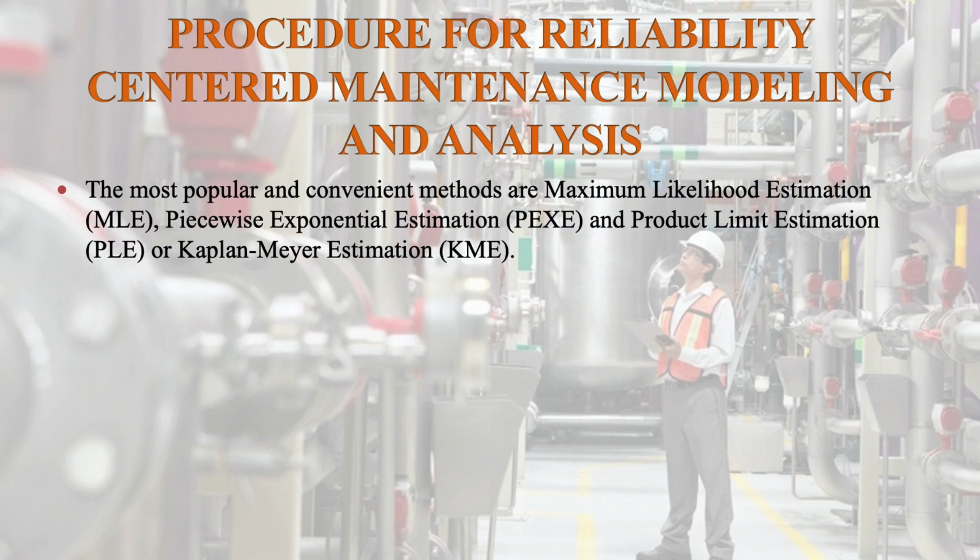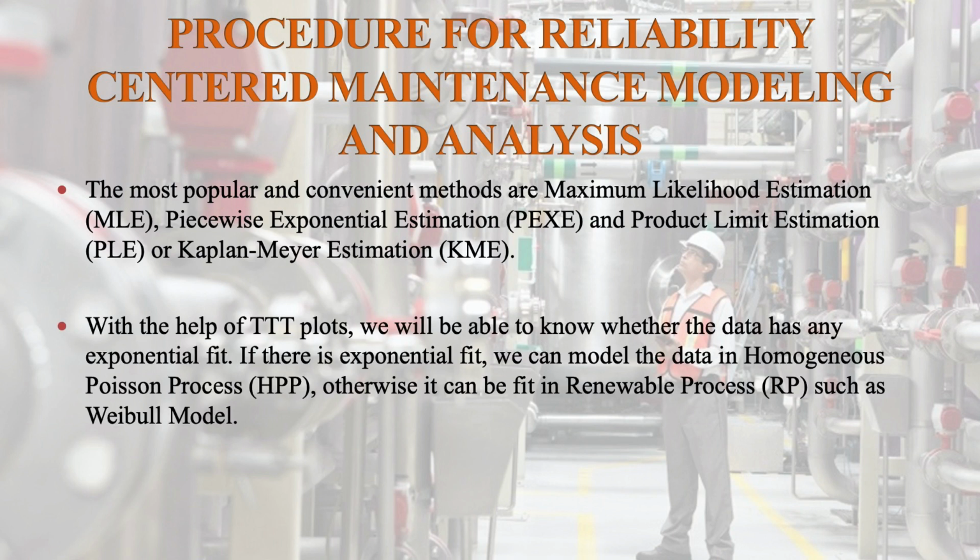The most popular and convenient methods are maximum likelihood estimation, piecewise exponential estimation, and product limit estimation or Kaplan-Meier estimation. With the help of TTT plots, we will be able to know whether the data has any exponential fit. If there is an exponential fit, we can model the data as a homogeneous Poisson process. Otherwise, it can be fit in a renewal process such as the Weibull model.